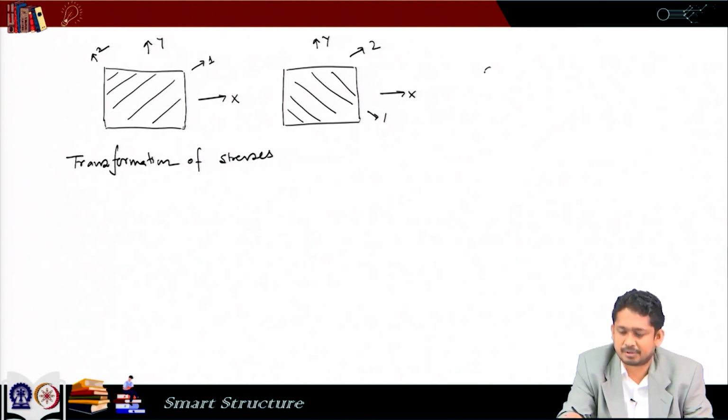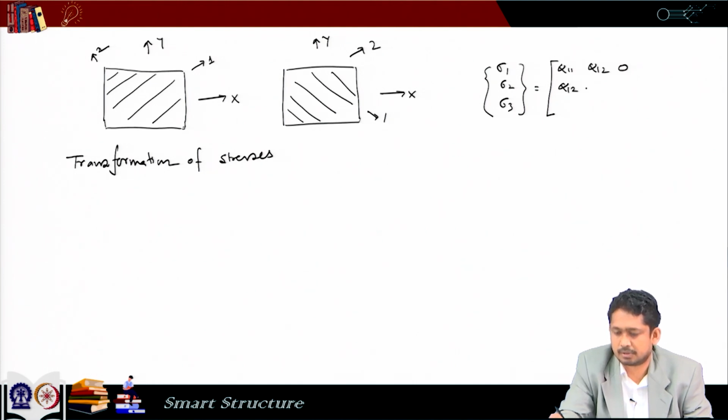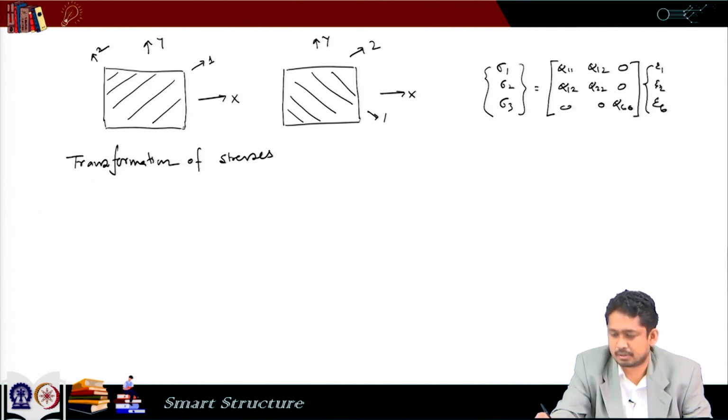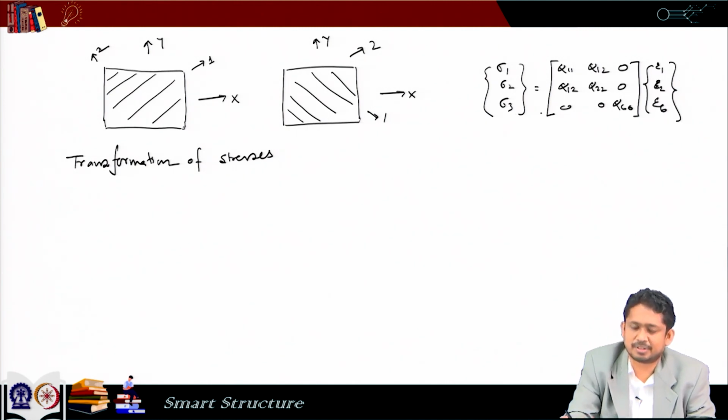So we already know that we have a relation in this form. Our Q1 and Q2 are the same, so we can write it like this. So we have the relation in this form in the 1-2 system, and we have to transform it to the x y system.